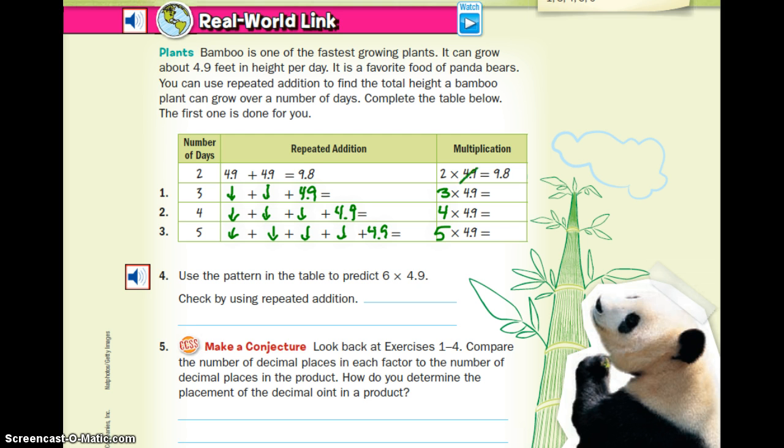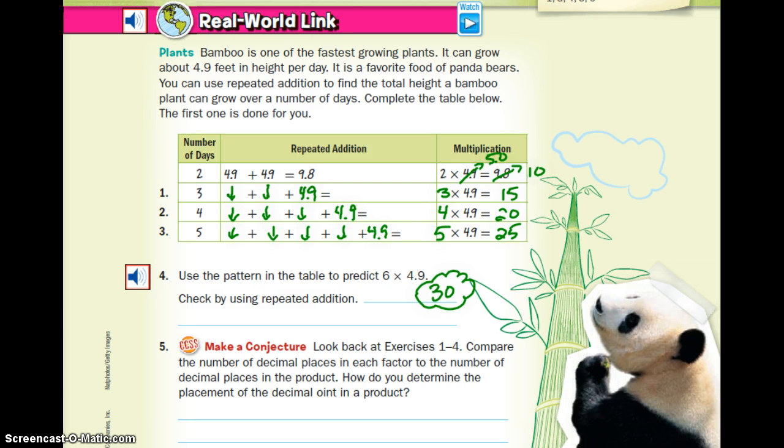I'm going to round this to 5 just to give us an approximate answer. 2 times 5 is 10, so this is approximately 15, 20, 25, and I'm going to predict that this is somewhere around 30.